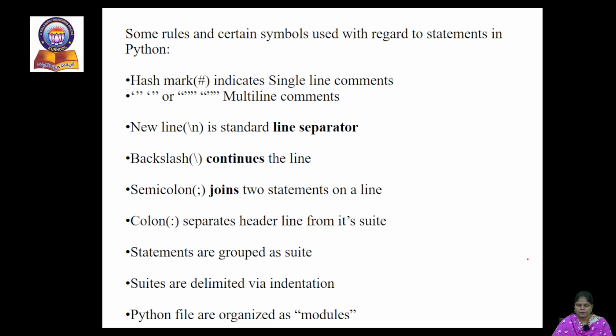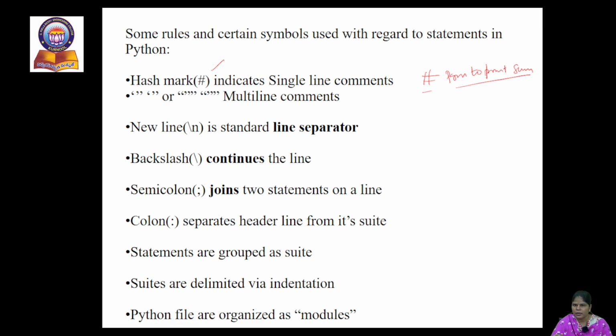And some of the rules and certain symbols with regard to statements in Python. Hash: if you want to mention a single line comment, then you can use hash. For example, a statement like program to print sum, I mentioned it as a comment. The comments written for understanding won't be executed, they will be ignored by the interpreter.